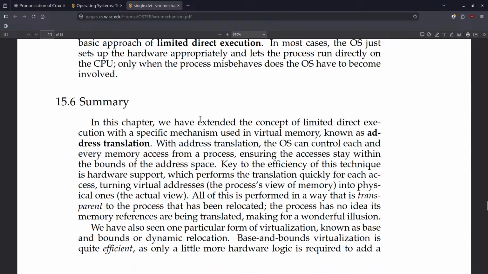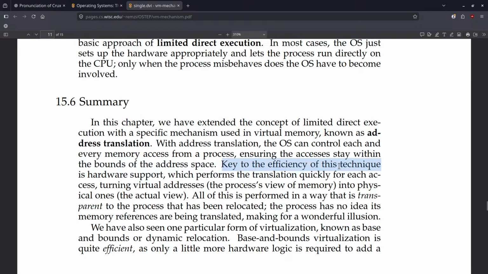Okay, so in this chapter we have extended the concept of limited direct execution with a specific mechanism used in virtual memory, known as address translation. With address translation, the operating system can control each and every memory access from a process, ensuring the accesses stay within the bounds of the address space.